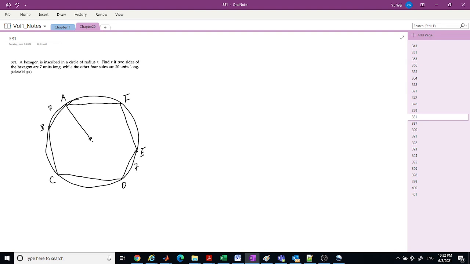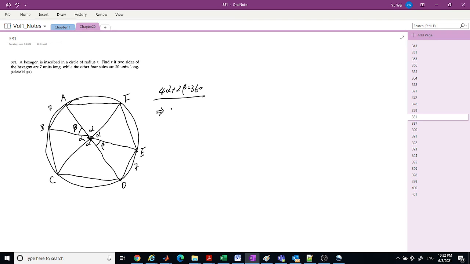Then we have them connected with the center, then we know every radius is R, right? So let's see, this is the beta, this is the beta, right? The chord is the same, so the central angle is the same, right? Alpha, alpha, alpha, alpha. Then we know the 4 alpha plus the 2 beta is equal to 360.